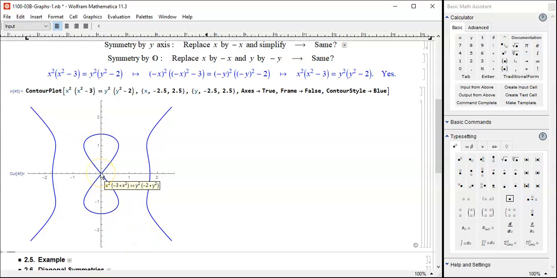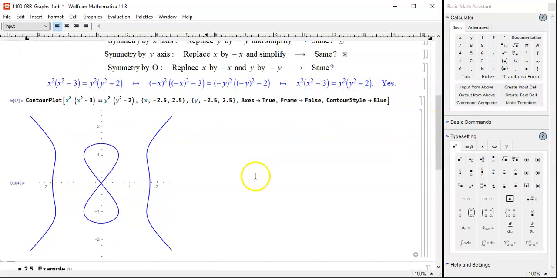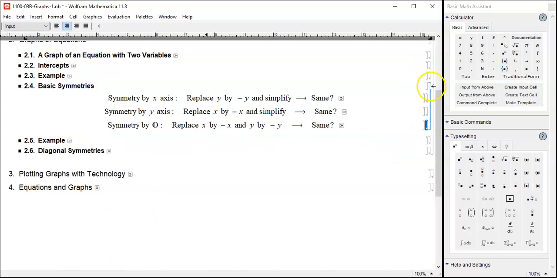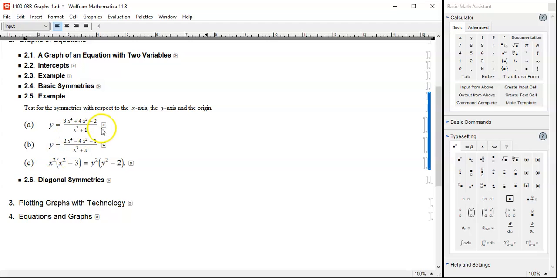Symmetric with respect to the origin, not a mirror image or folding. Oh, by the way, this picture has all three basic symmetries: symmetric with respect to the x-axis, y-axis, and origin, all three of them. Those are the basic symmetries.